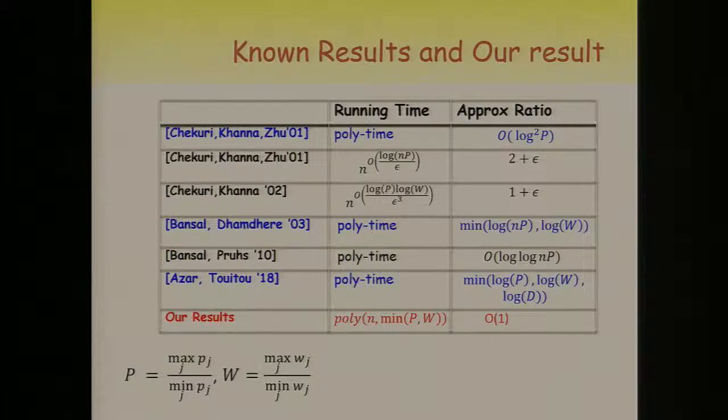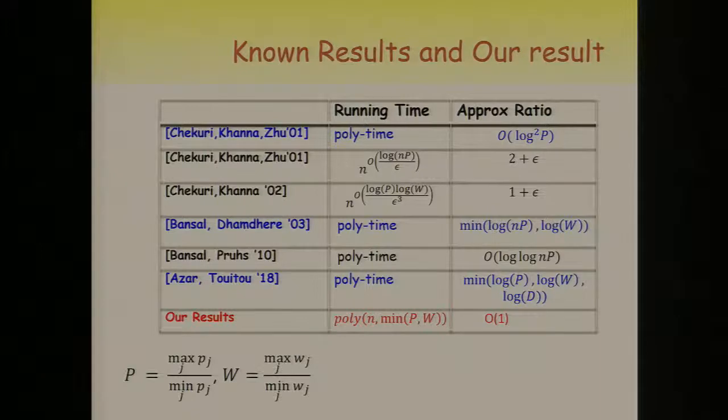Then in 2010, Bansal and Pruhs came up with a nice idea, and they gave approximation algorithms where the approximation ratio was of order log log NP. Till this point, we only knew logarithmic approximation algorithms. This was the first result which gave a log log result. And our result is that we give a polynomial time algorithm, polynomial in n, P and W, and its approximation ratio is a constant.